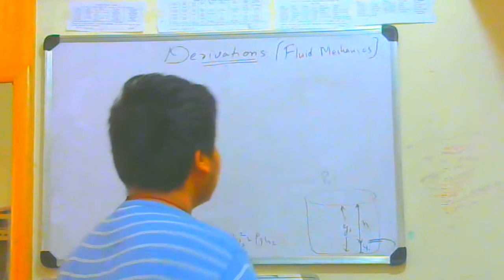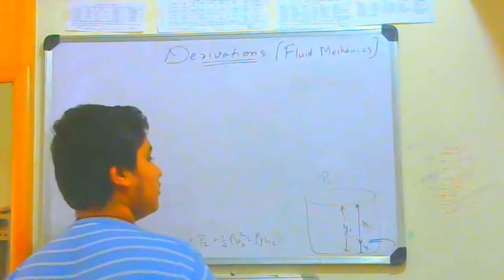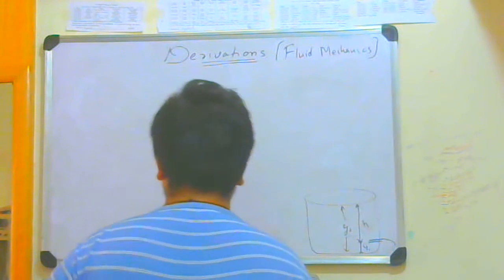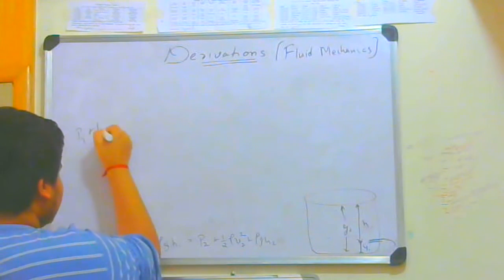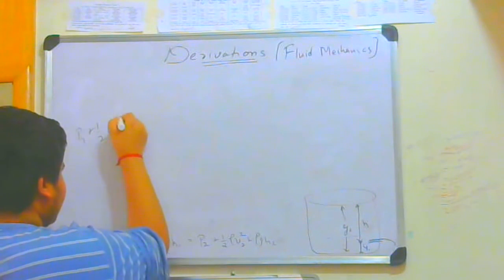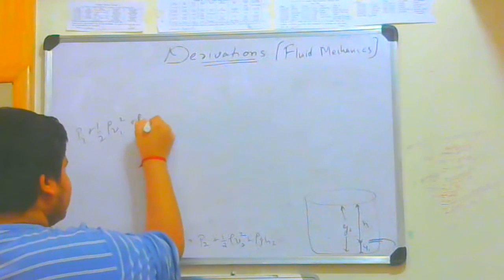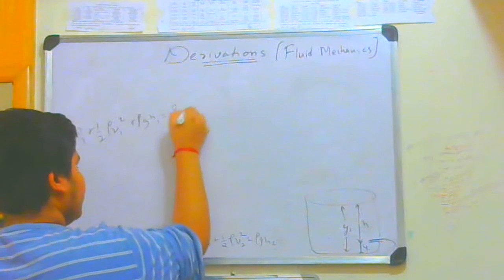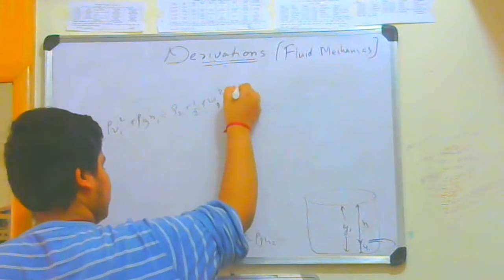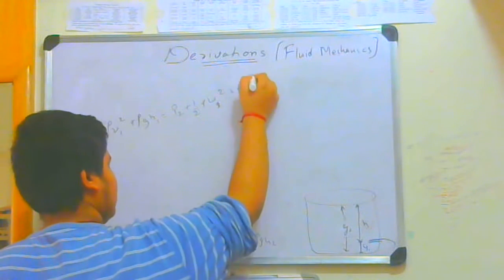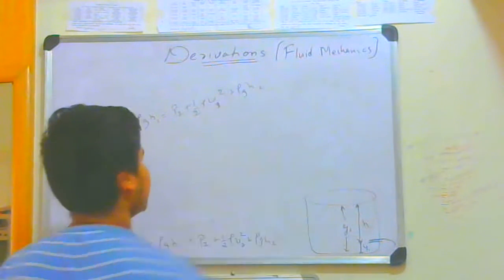H. So now, according to Torricelli's theorem, follow this first: P1 plus half rho V1 square plus rho G H1 equals P2 plus half rho V2 square plus rho G H2.